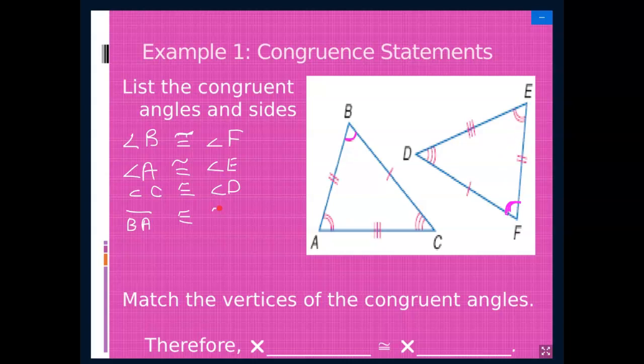So I'd say that that's congruent to FE. The line I wrote above those represents a line segment. The symbol in front of the letter is an angle. You must put your symbols when labeling segments or angles.